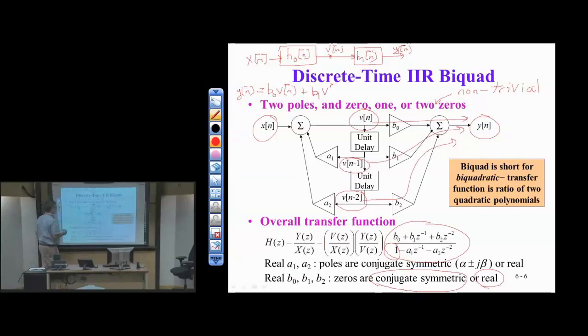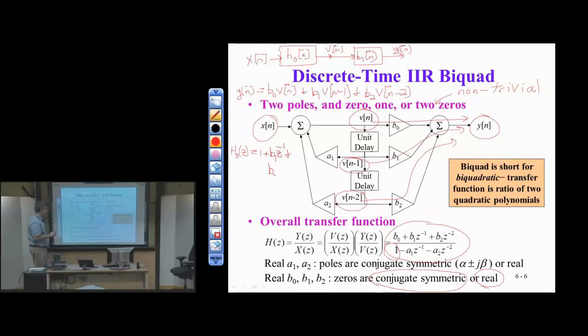So if we look at the transfer function for h1, it is b0 plus b1 times z to the minus 1 plus b2 times z to the minus 2.